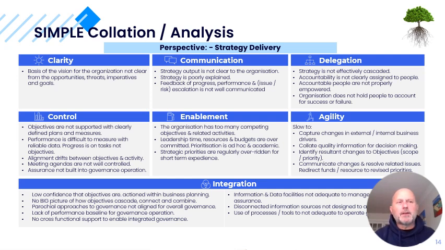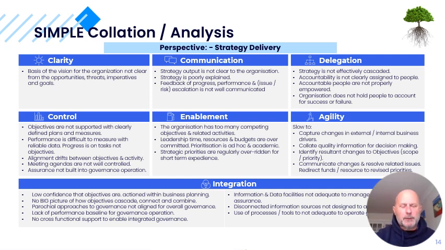Basically, one of the themes that's come out of conversing with our stakeholders is that they're not happy with strategy delivery. So what we've done is try and break down strategy delivery into some areas that we can explore further.